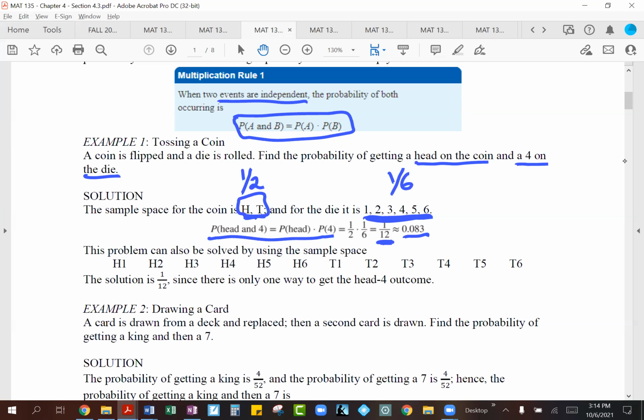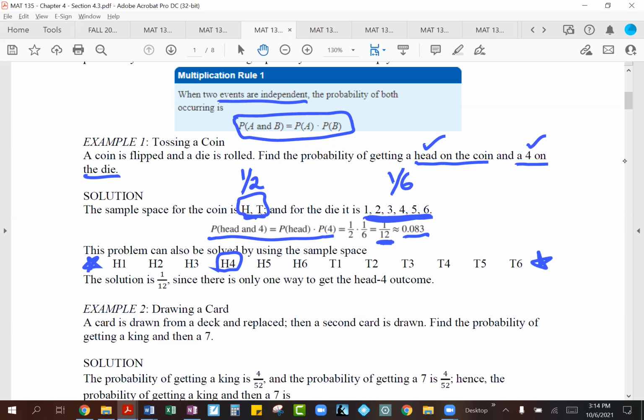Or, as a decimal answer. And we looked at this sample space last time, when we used the tree diagram. So you basically already have the sample space with you, and you can think about this. If we use the entire sample space, there's only 1 outcome from the 12 where you get a head and a 4, and you can see that's this outcome over here.